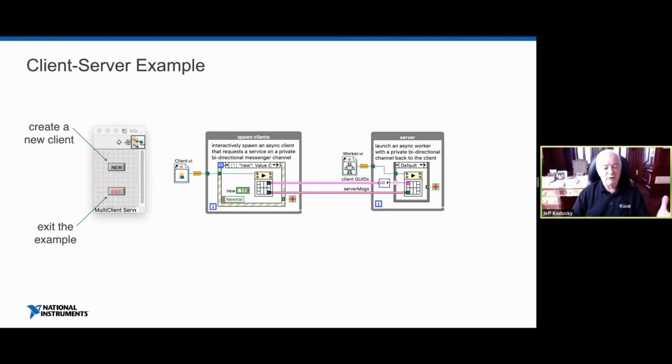So here's the diagram. Every time I hit the new button, I spin up a new client, which sends a message to the server, and the server then spins up an asynchronous worker, and the worker and the client communicate on their private bi-directional channel that is defined by this GUID.